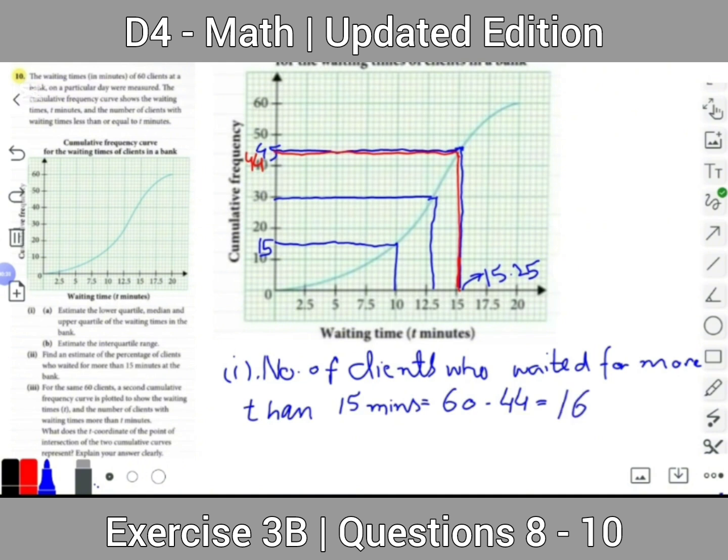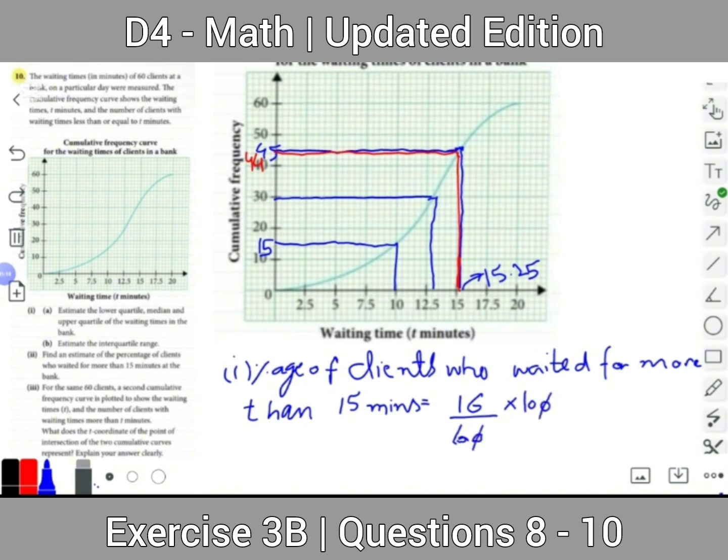Now to find the percentage of clients who waited for more than 15 minutes, we will use the formula: the number of clients who waited for more than 15 minutes is 16, and the total number of clients is 60, multiplied by 100%.